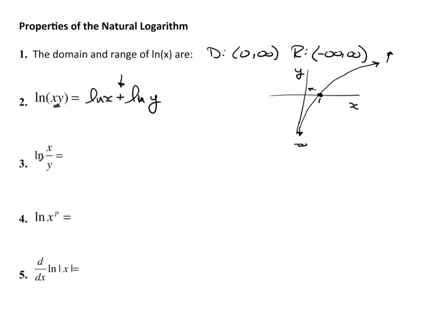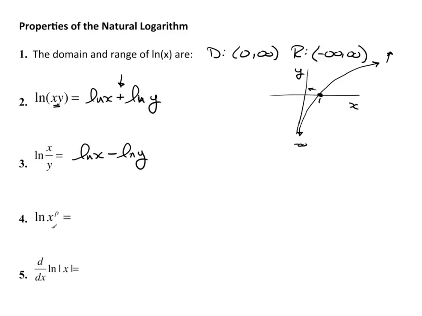Now ln of x over y, what happens when I divide two exponential functions, or two functions with the same base? I subtract their exponents. So this is going to be ln of x minus ln of y.